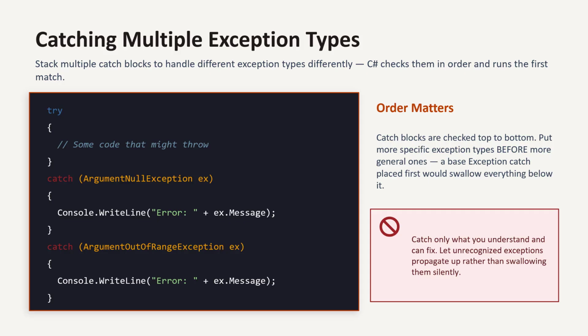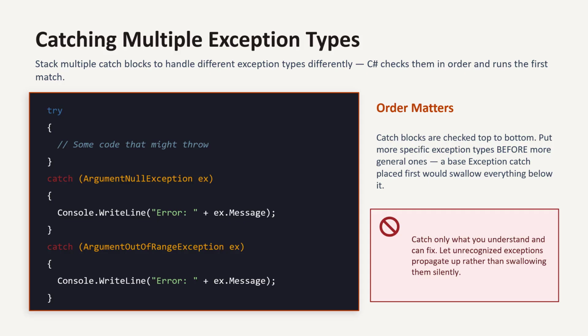In this example, we have one try block followed by two separate catch blocks, one typed to the argument null exception, and one for argument out of range exception. When an exception is thrown inside of the try block, C# checks each catch block in order from top to bottom and runs the code in the first one that matches the exception's type.